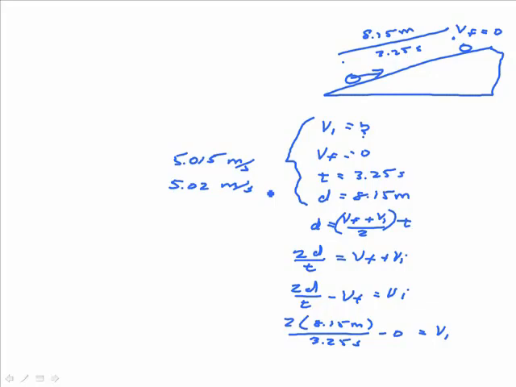All right, that was the initial velocity. Now what was the acceleration? Well, we could go up to the top here and say the initial velocity, which we now know was 5.015 meters per second, the distance was 8.15 meters, the time was 3.25 seconds, and we want to know what the acceleration was.